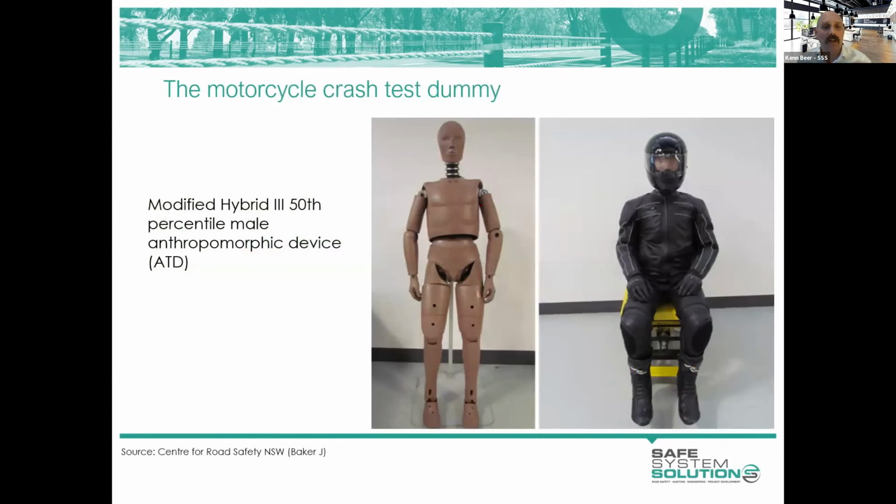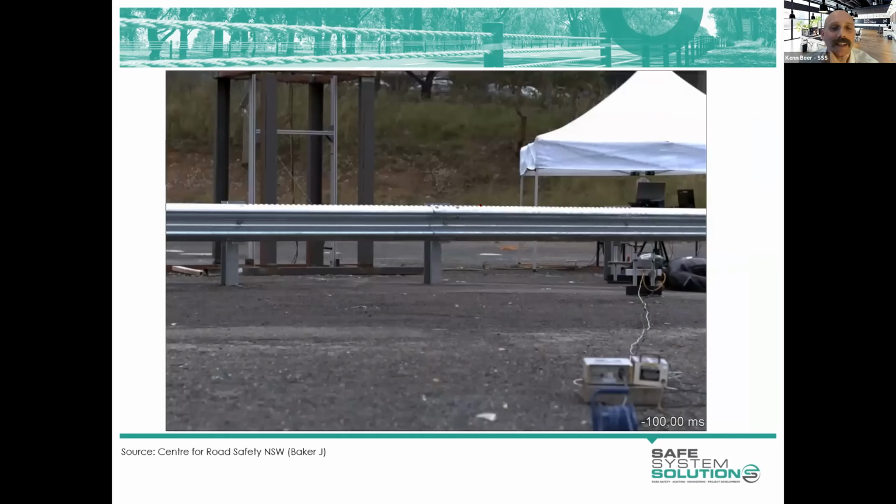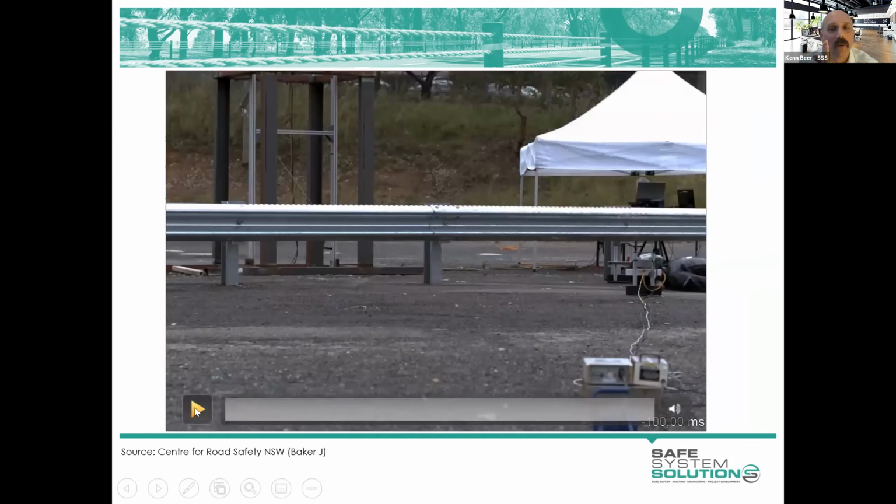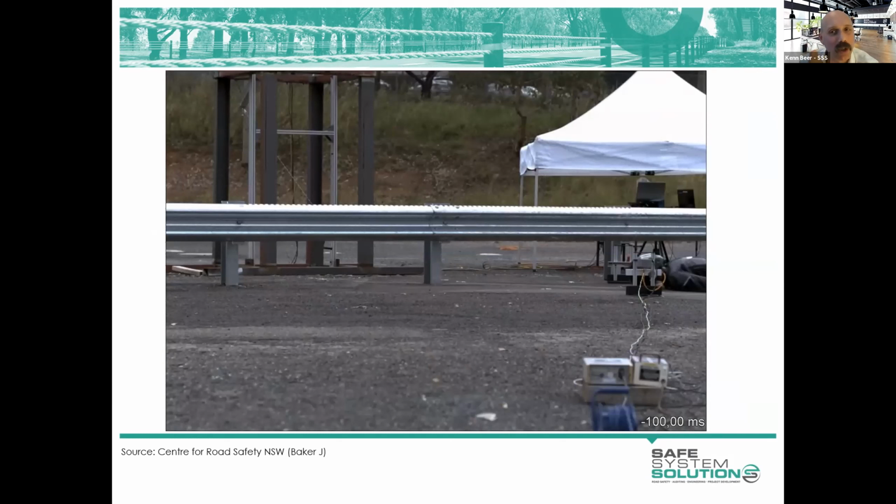So the crash test that I'm talking about is they get a crash test dummy, they do some little tweaks to it, usual crash test dummy, but mind you, they cost about $250,000, so they're not cheap. Kit it up in its leathers and then fire it at the post. So one test is at the post, one is between the posts.